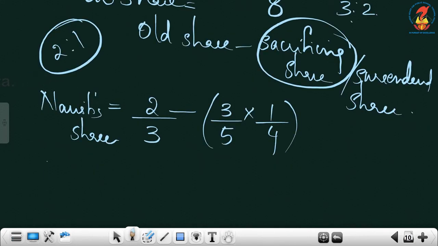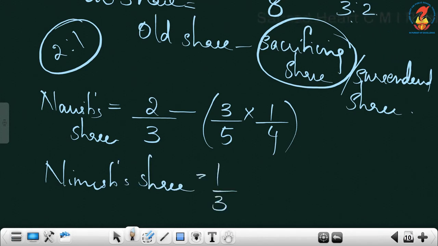Similarly, the next partner is Nimesh. Nimesh's share will be equal to 1/3, that is the old share of Nimesh, minus what is his sacrificing proportion? 2/5 of the new partner's share, that is 1/4.